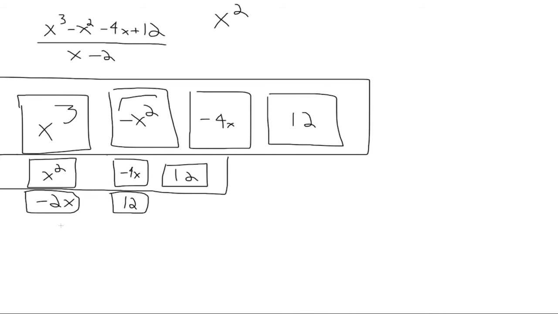So what are we going to get rid of now? We're going to get rid of the minus 2x, because it has the highest exponent on the variable. So we always get rid of the term with the highest exponent on the variable, and in this case, it is minus 2x. So we're subtracting some w amount of x minus 2.